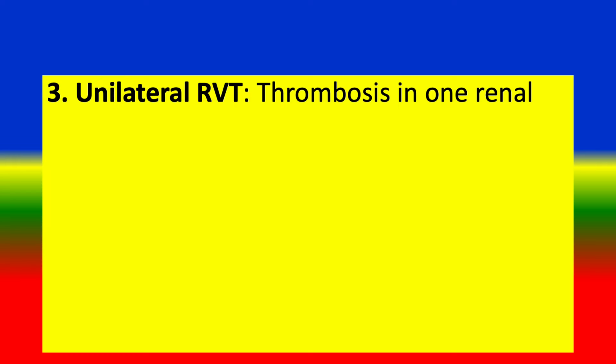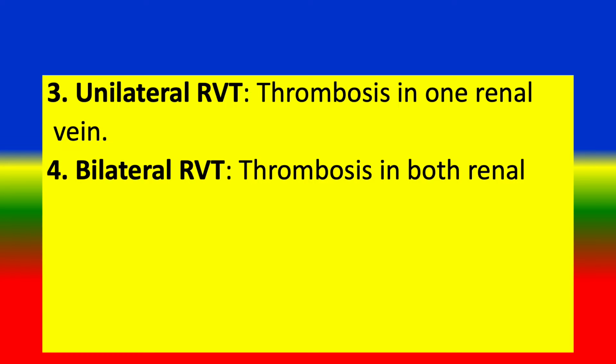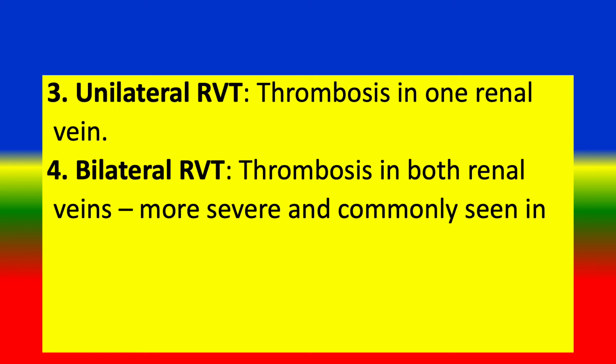Unilateral RVT: thrombosis in one renal vein. 4. Bilateral RVT: thrombosis in both renal veins, more severe and commonly seen in neonates.